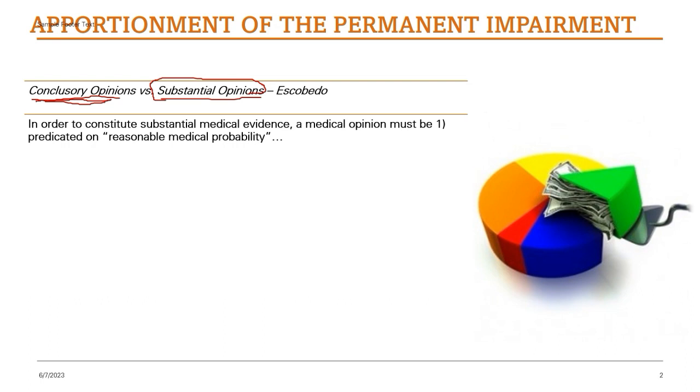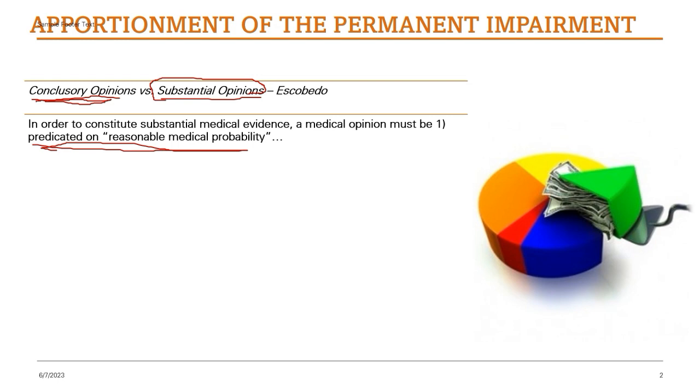You would say, in my opinion, within reasonable medical probability, comma, 80% of the impairment is due to the industrial injury, and 20% of the impairment is due to other factors. So there you've predicated your opinion, your conclusion, on reasonable medical probability.